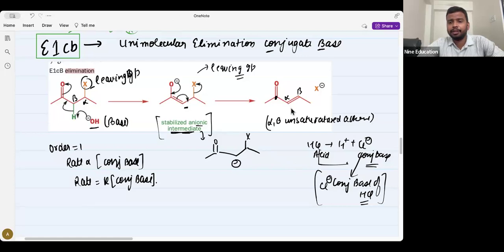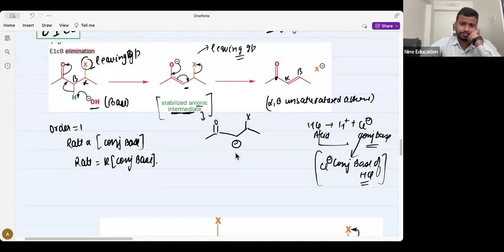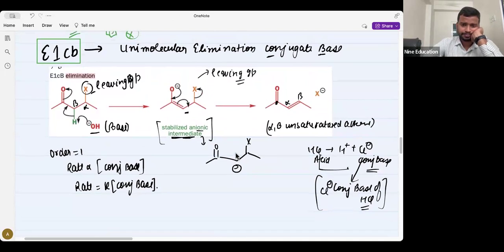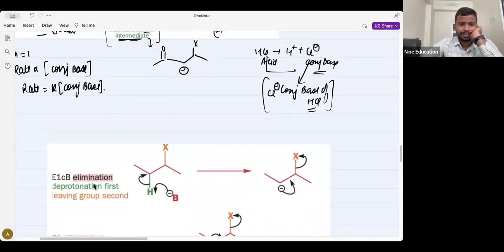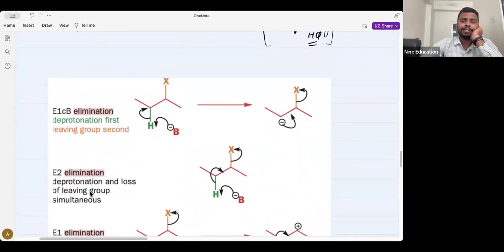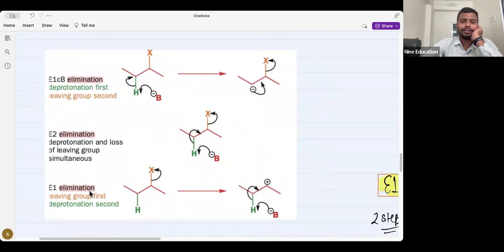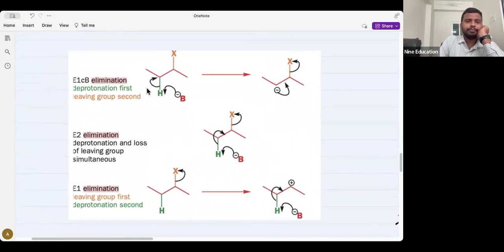This only we will learn better, how we will identify E1, E2, E1CB. चलो, let's say E1CB. So what will happen first in E1CB? Deprotonation will happen first. देखें. So in E1CB, deprotonation means removal of hydrogen will be done. है ना?